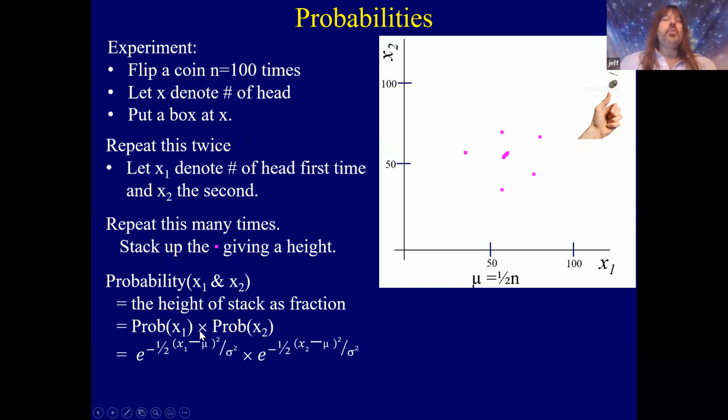And remember, we had these equations already. This was exponential in the number of standard deviations squared, and again for the second one. And when you do a multiplying here, one way to multiply is you add the exponents, for those of you who are up for that kind of math.